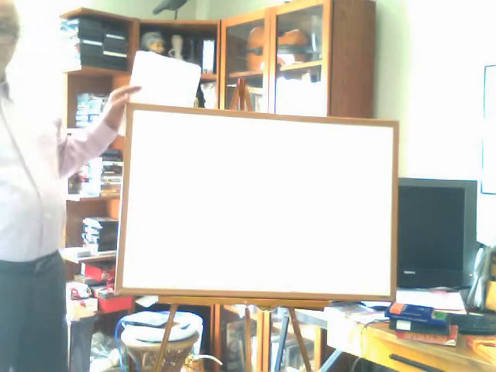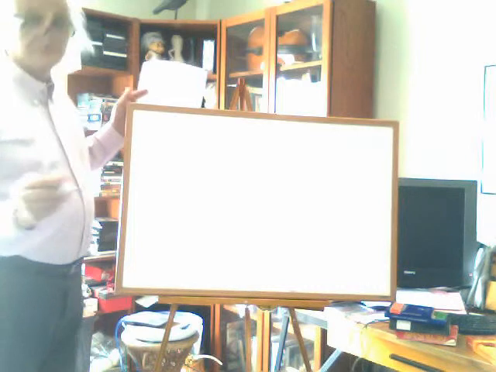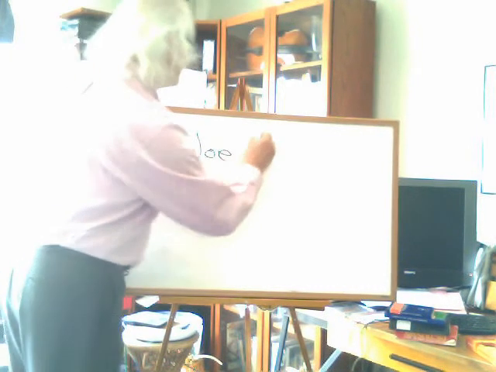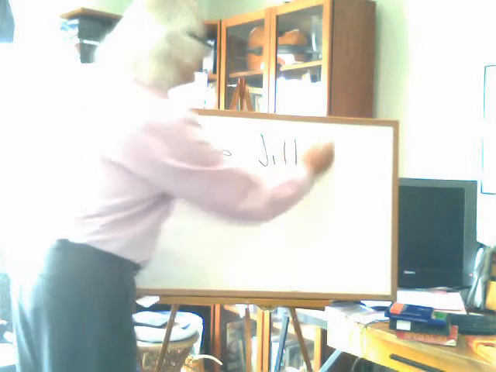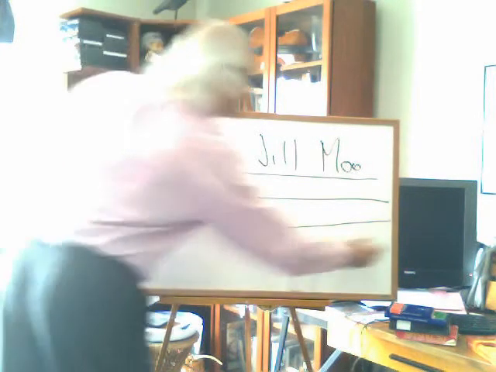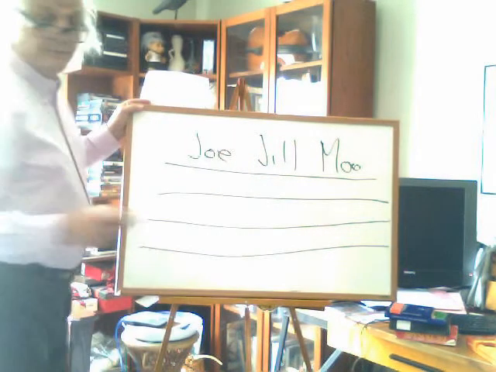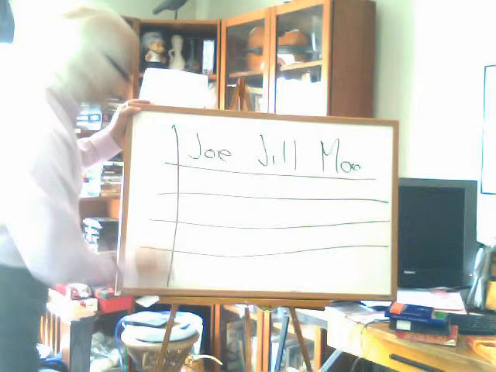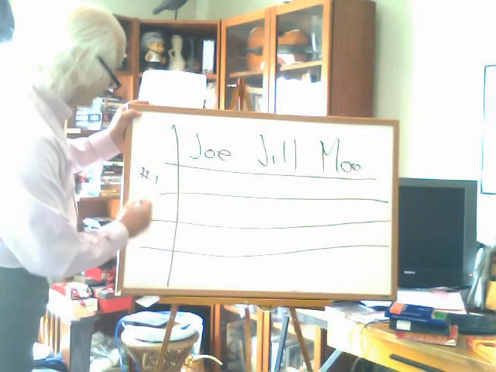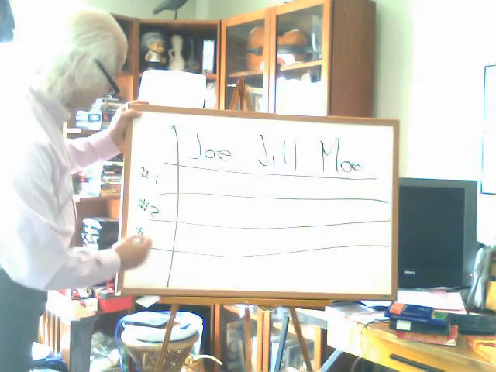Let's assume that we have a society that's made up of only 3 individuals. Let me call them Joe, Jill, and Mo. And we have only 3 bundles of goods, A, B, and C, and we ask them to rank them: rank number 1, rank number 2, and rank number 3.